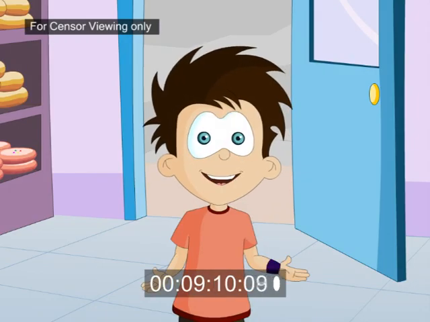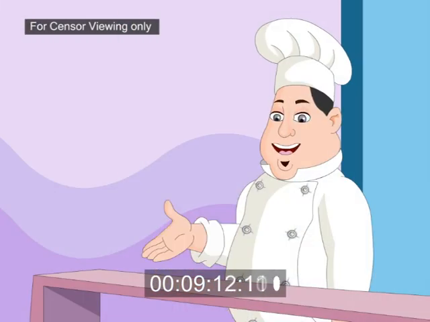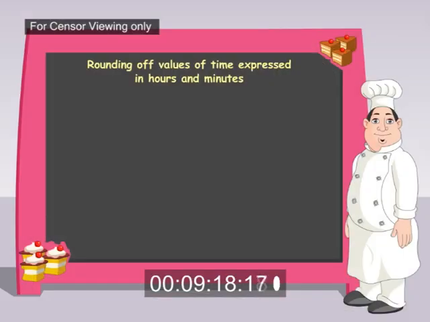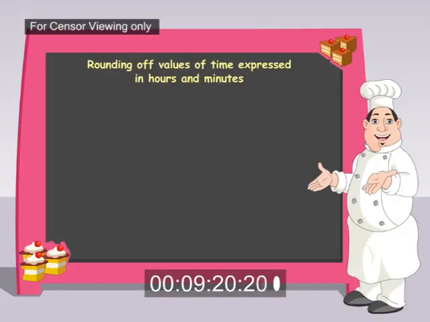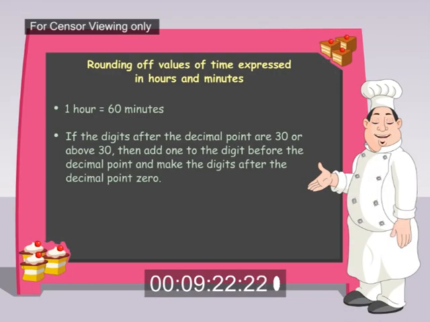What about time? Time measures like hours and years have to be handled a bit differently. Since 1 hour has 60 minutes, if the digits after the decimal point are 30 or above, you add 1 to the digit before the decimal point and make the digits after the decimal point 0.